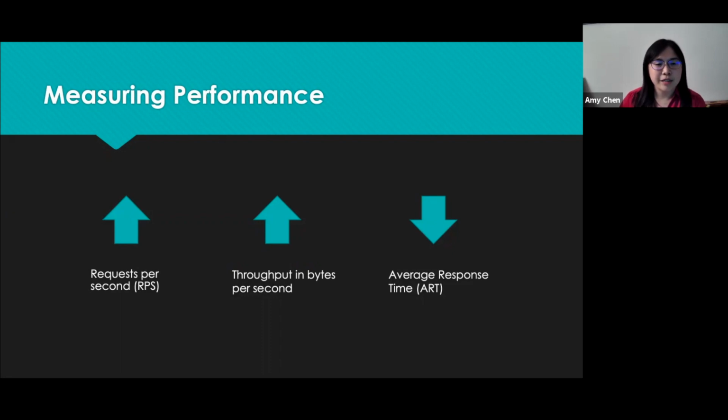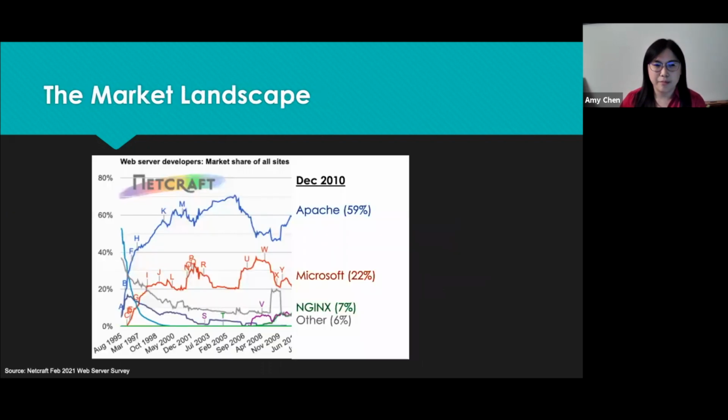And now I want to shift gears a bit to look at the actual market landscape of web servers. Since the internet began about 25 years ago in the mid-90s, you'll see here the market share of all websites.